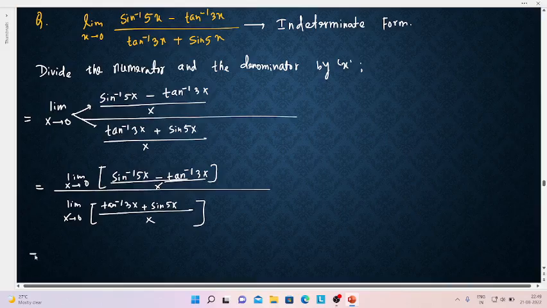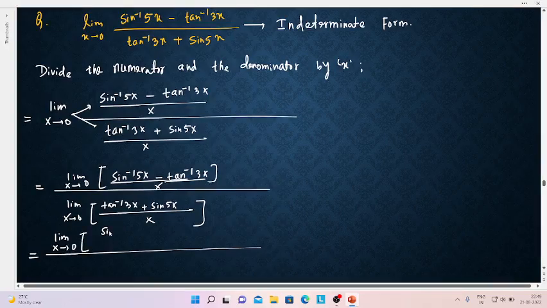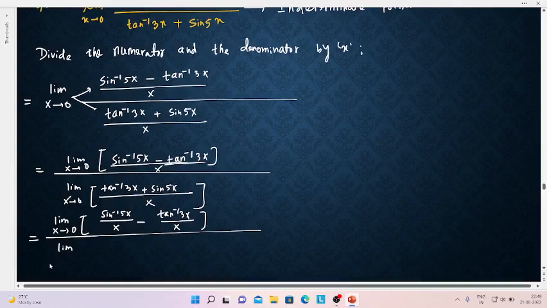So now we can write the numerator as limit x tends to 0 of sine inverse 5x over x minus tan inverse 3x over x, and the denominator as limit x tends to 0 of tan inverse 3x over x plus sine 5x over x.